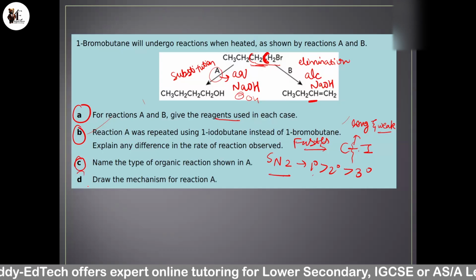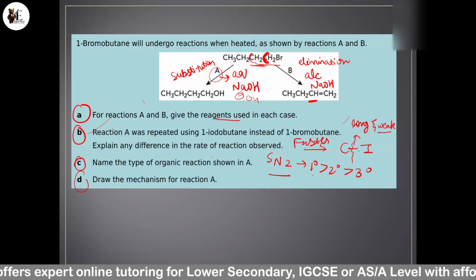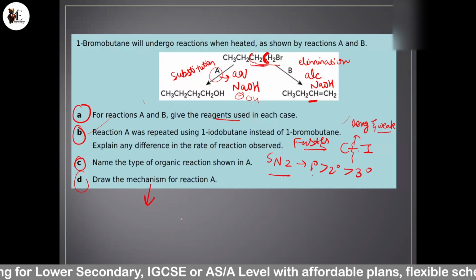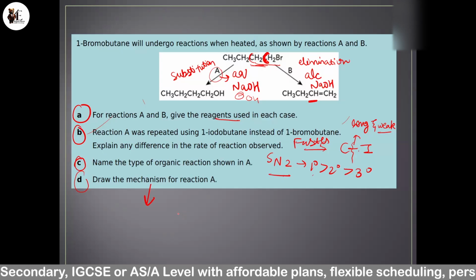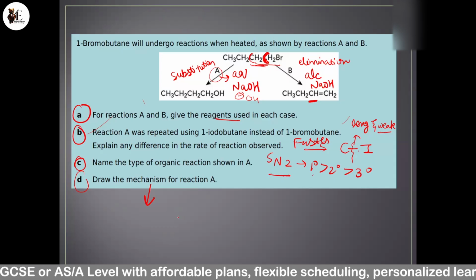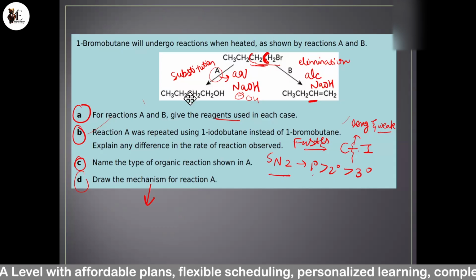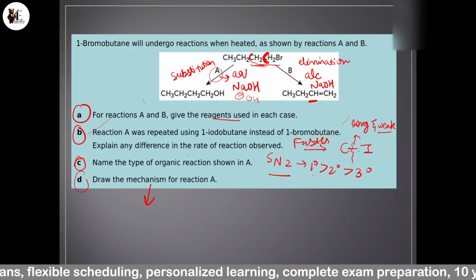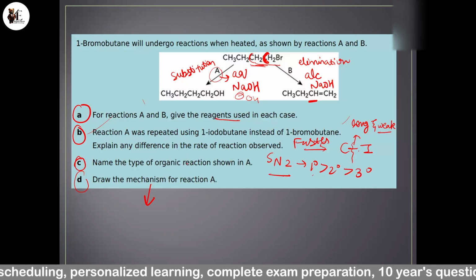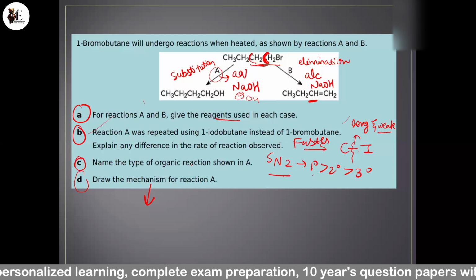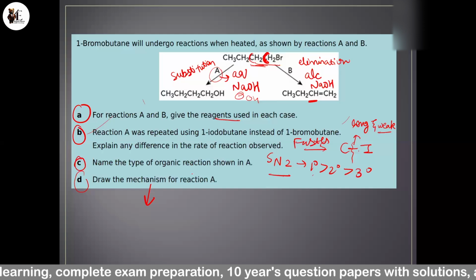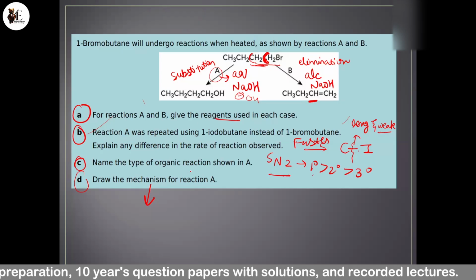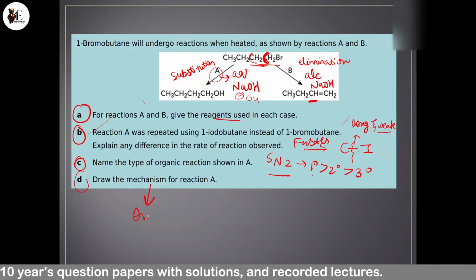Next question is draw the mechanism for reaction A. You have to draw the mechanism. So how many steps are there in SN2, 1 or 2? Only one step is there in the SN2 mechanism.